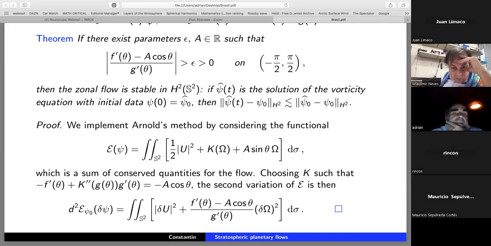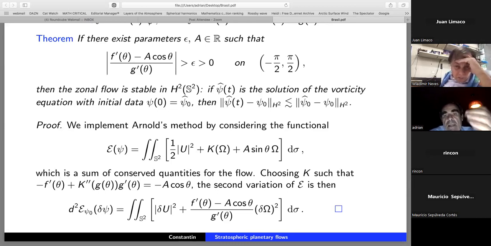The Arnold method consists of the following: you try to fabricate a functional that relies on these invariants, on conserved quantities.